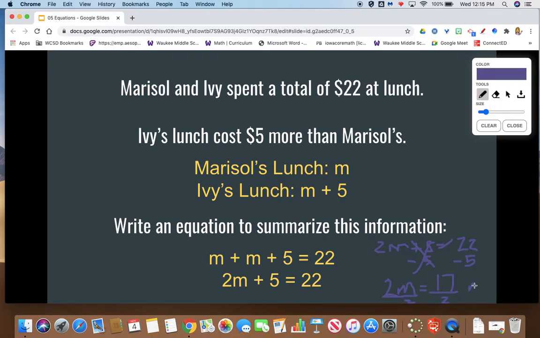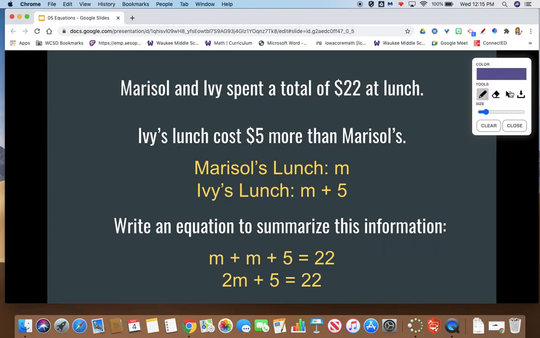M equals 17 divided by 2, which is 8.5. That means, because M equals 8.5, Marisol's lunch is $8.50, because that's M. Ivy's lunch is 5 more than that, so Ivy's lunch is $13.50 if we added 5 to our $8.50.